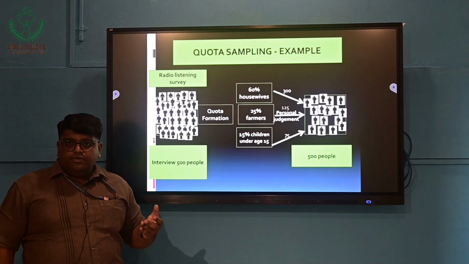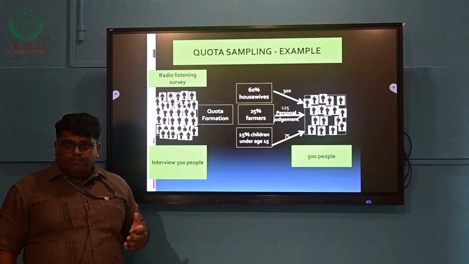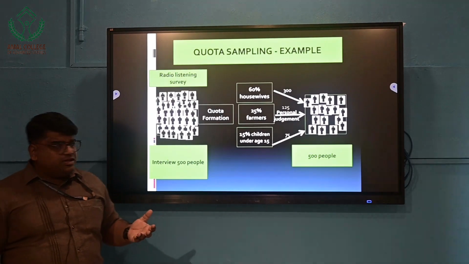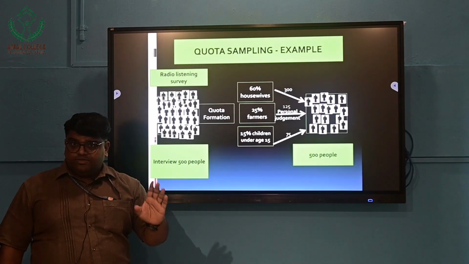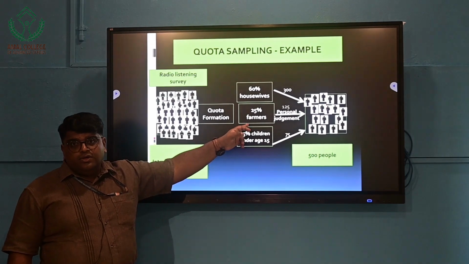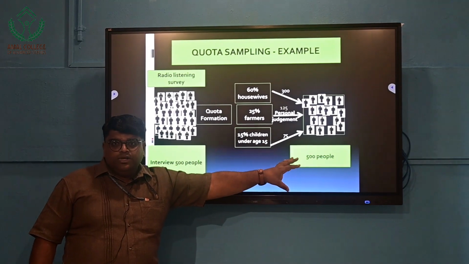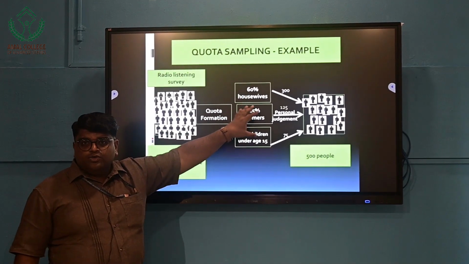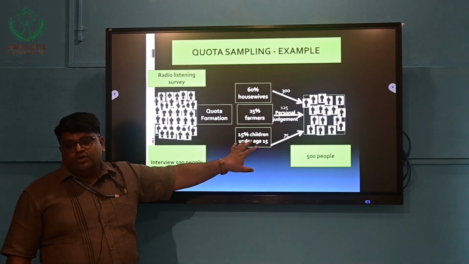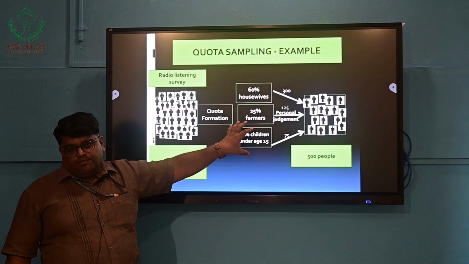So in the morning time they listen to all kinds of entertainment via radio, songs, all the news, Akashvani, etc. So on the basis of that thought process, I have given 25% quota to farmers only. So the whole sample size will be 60% housewives, 25% farmers, and 15% children below 15 years. Right? So specific quota I have given.